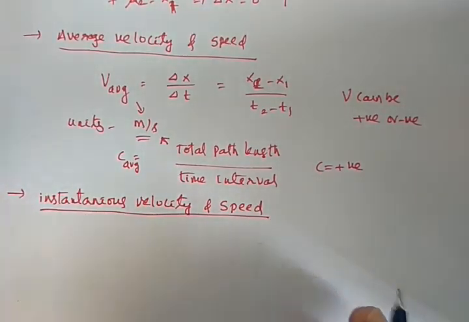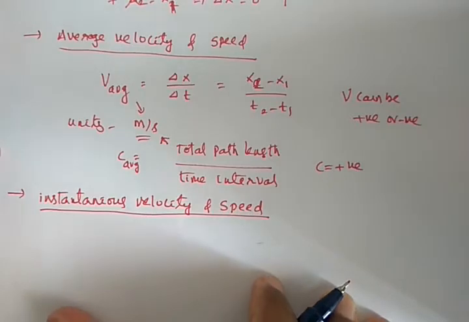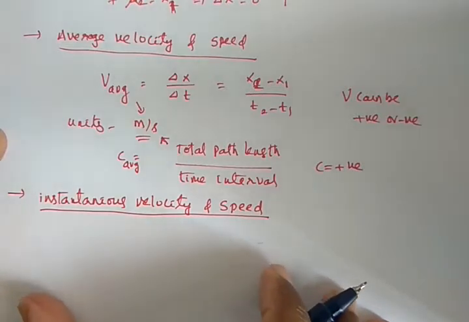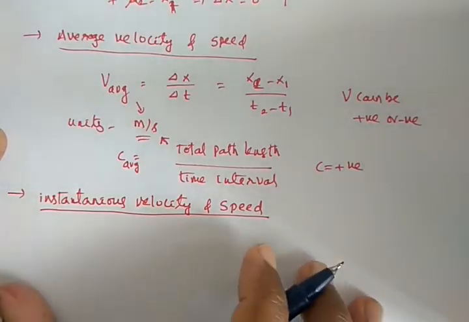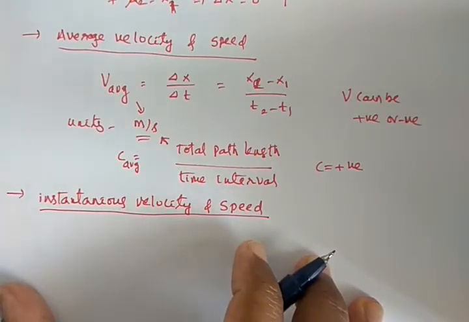Instantaneous velocity is defined as the velocity of the body at a particular instant of time, at a particular time, and it is defined as the limit of the average velocity as the time interval becomes infinitesimally small.